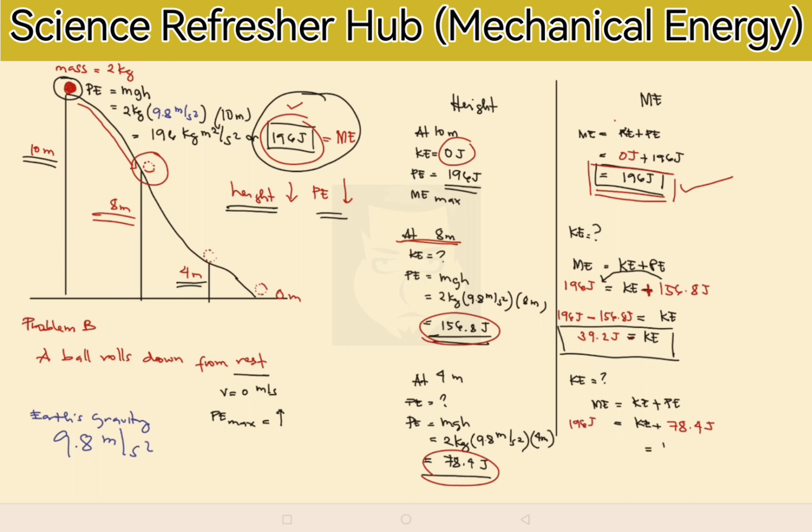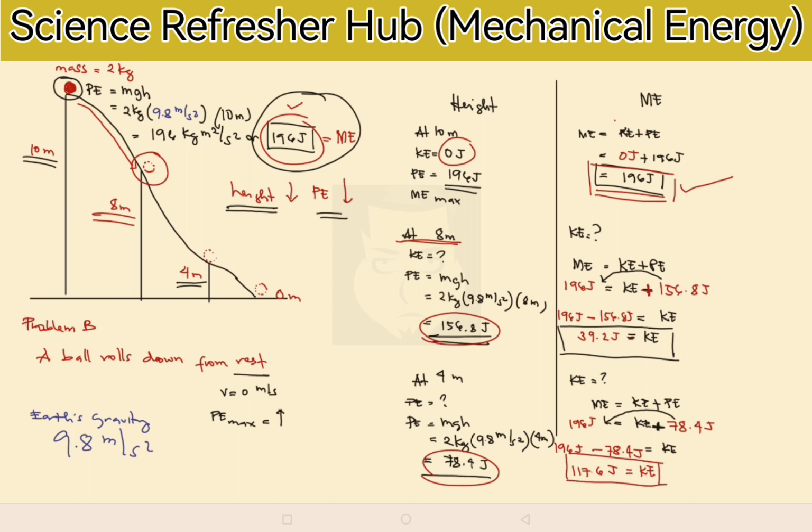All right. So we will retain KE and transpose 78.4 to the other side. Positive will become negative. So it's negative 78.4 joules. And then we will just subtract 78.4 from 196 joules. The answer is 117.6 joules.